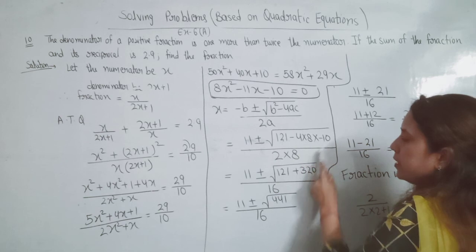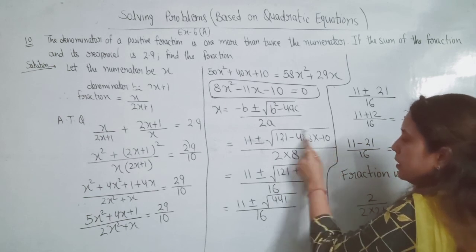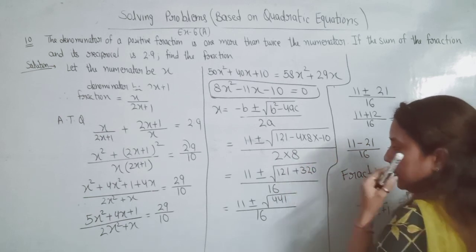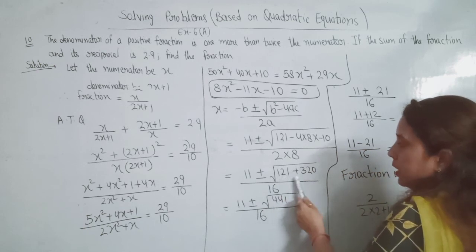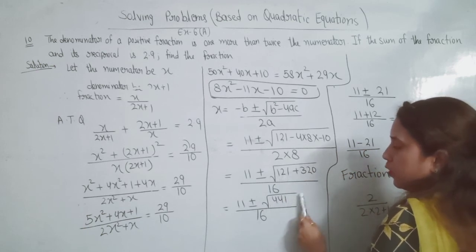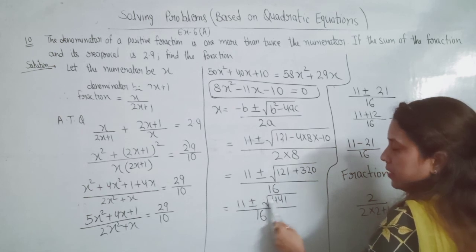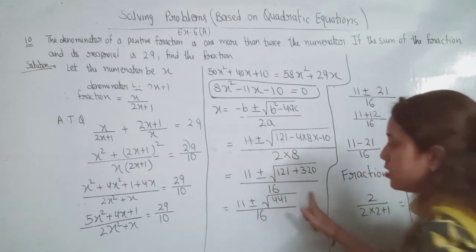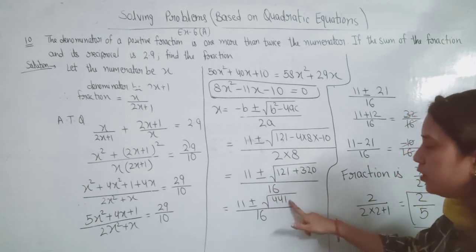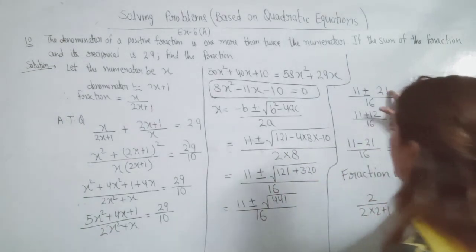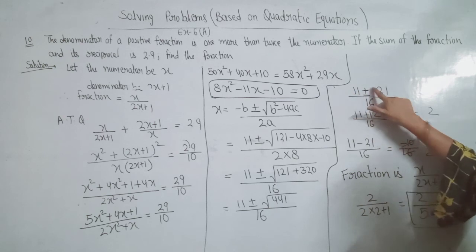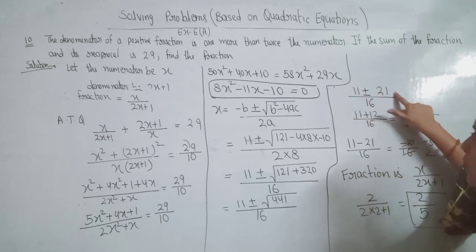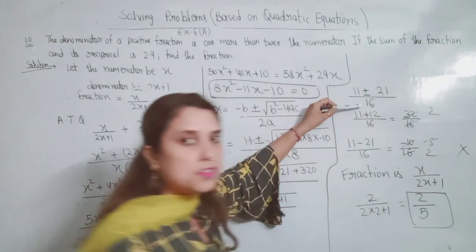11 plus minus under root 121 minus minus plus. When we do the multiplication, it will come to 320. Now 121 plus 320, 441. 11 plus minus under root 441 upon 16. The square root of 441 will be 21. So 11 plus minus 21 upon 16.